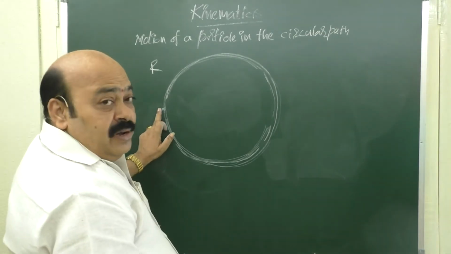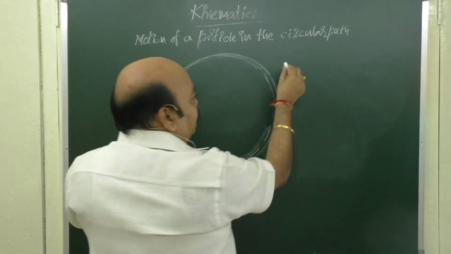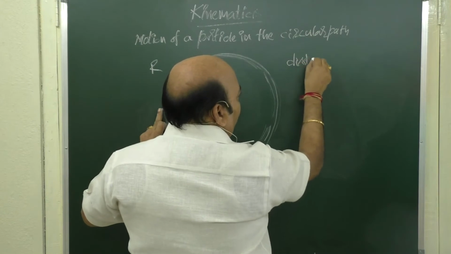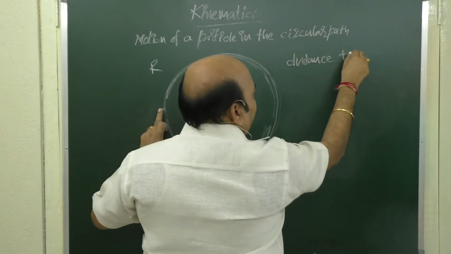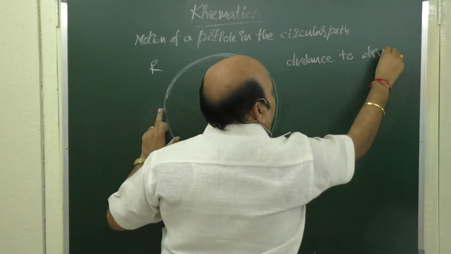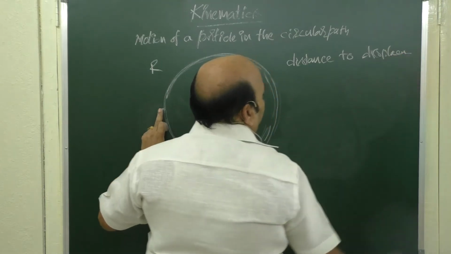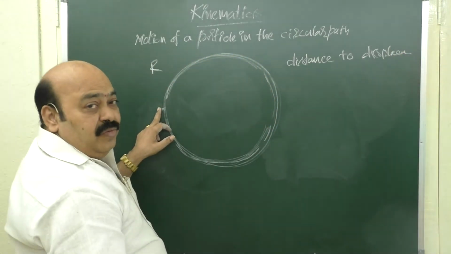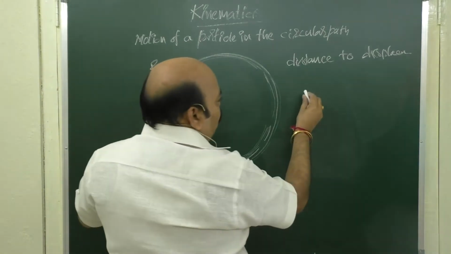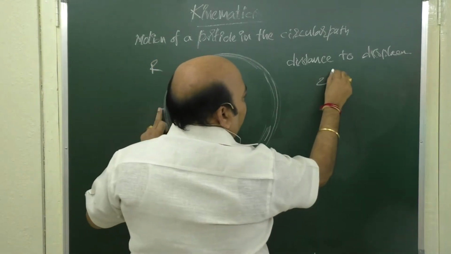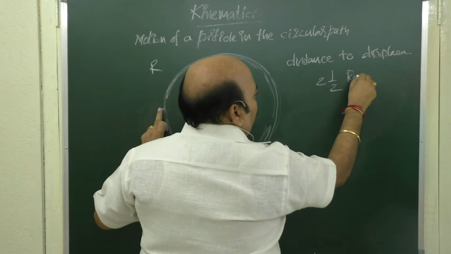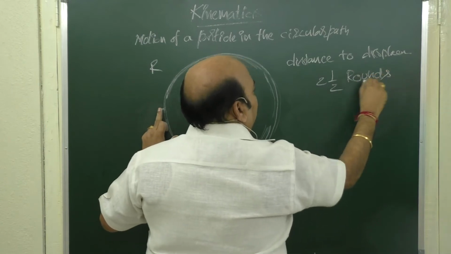Find the ratio of distance to displacement after completing 2.5 rounds, 2.5 laps.